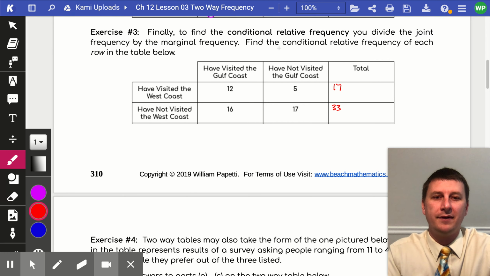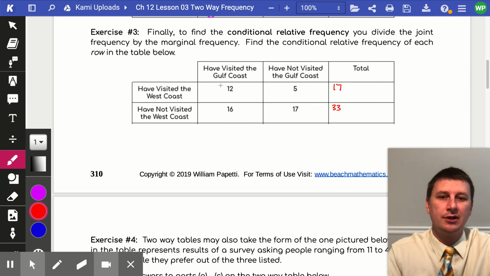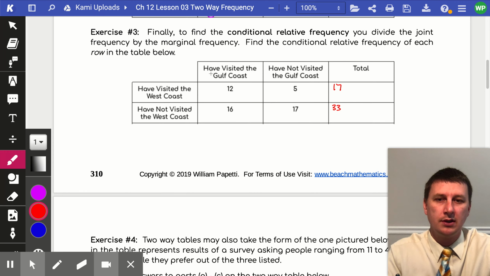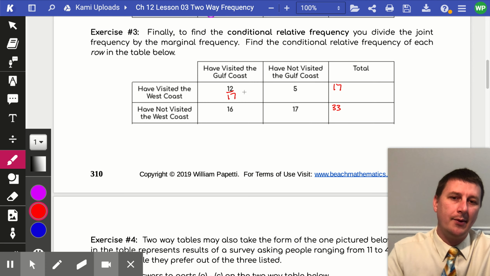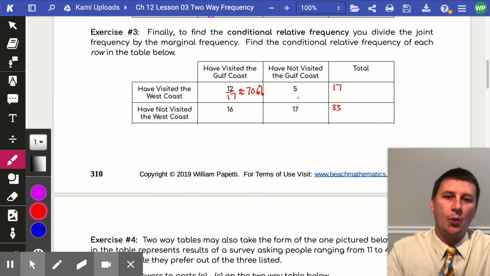Not only are we going to find the conditional relative frequency of each row, but we're going to find it of each cell in the table as well. So now that we know that our total is 17, our conditional relative frequency for the number of students that have visited the West Coast and have also visited the Gulf Coast is going to be 12 out of 17. If we divide 12 over 17 as a percent, we're going to get about 70.6%.